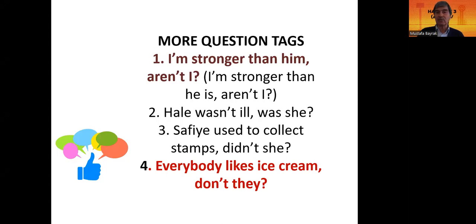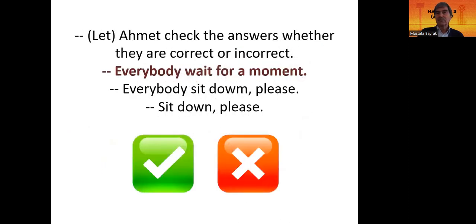If the subject is everybody, we use they in the tag question, as if everybody were a simple singular subject, but as you know, it becomes they. Everybody likes ice cream, don't they? Because we don't know if everybody is he or she.